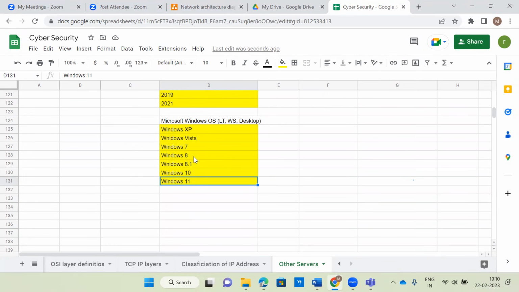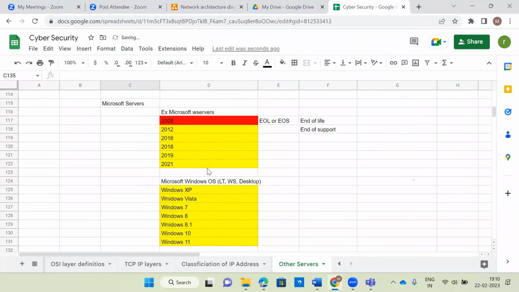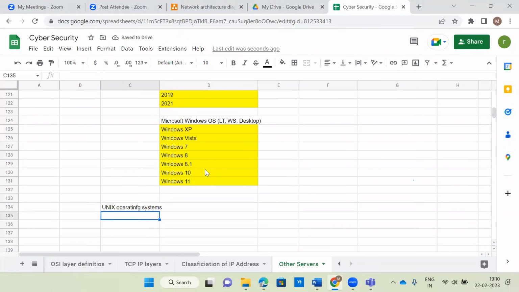Coming back to Unix operating systems. Sir, here I have one question. Yes, please. Here, server means multiple clients will be connected to it, right? If one of the servers is compromised by the attacker, then are the users' systems also compromised or not, sir?